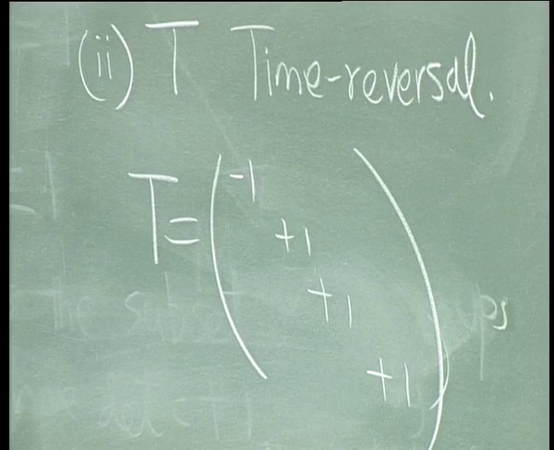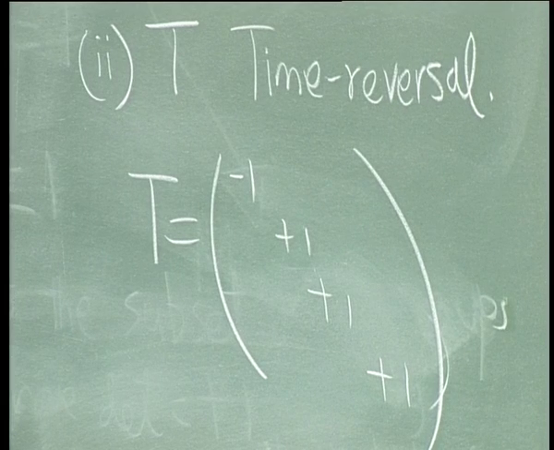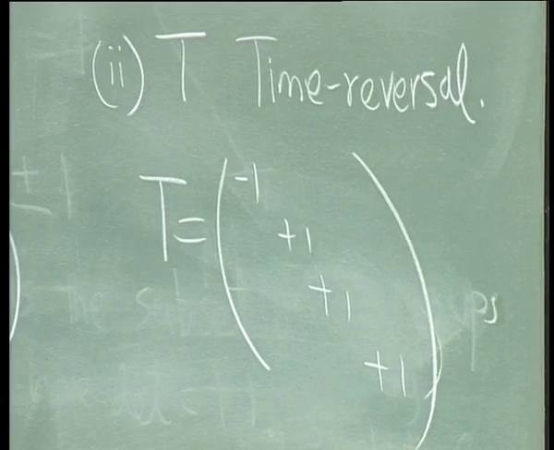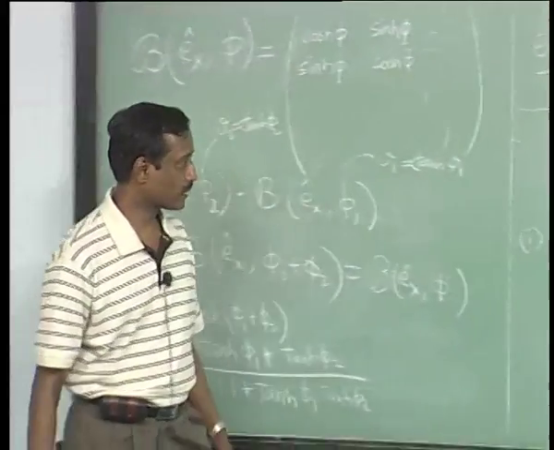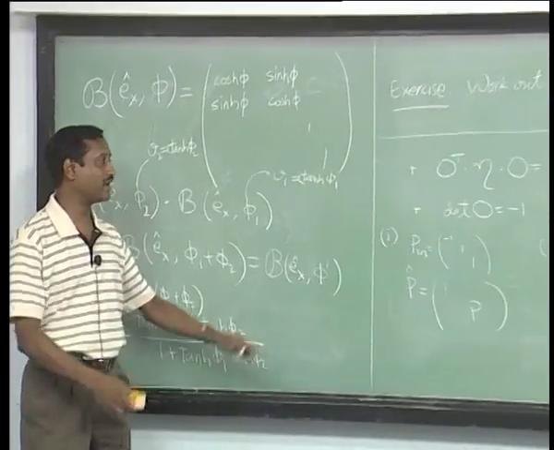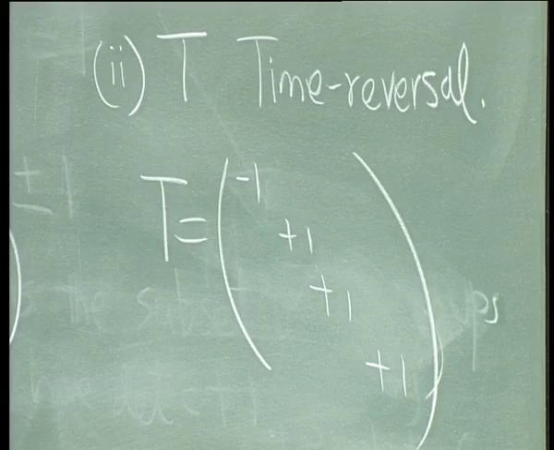So, again its determinant is -1. I leave it as an exercise for you to think if there are any more.